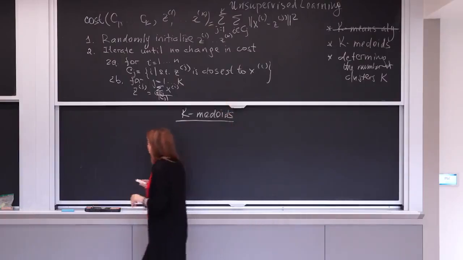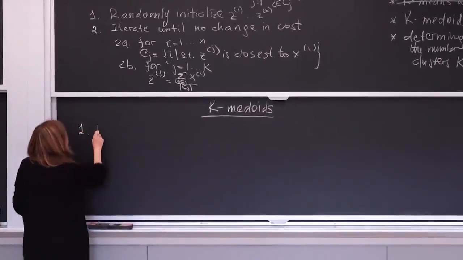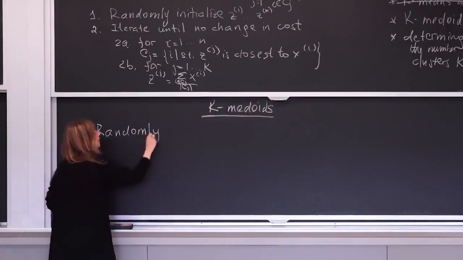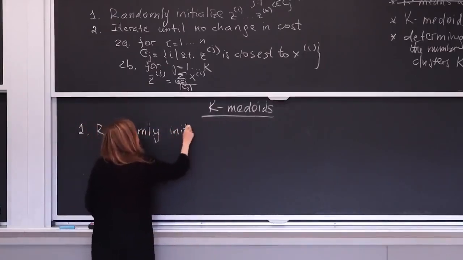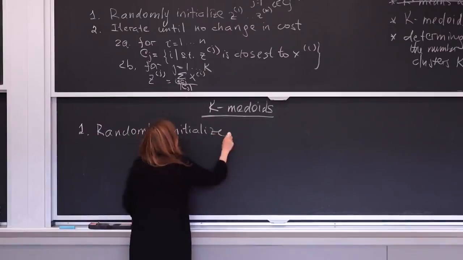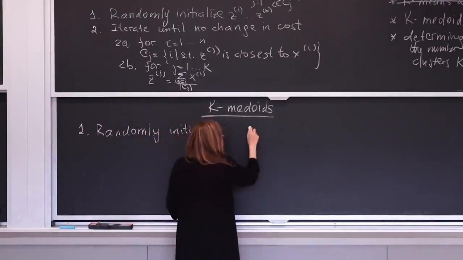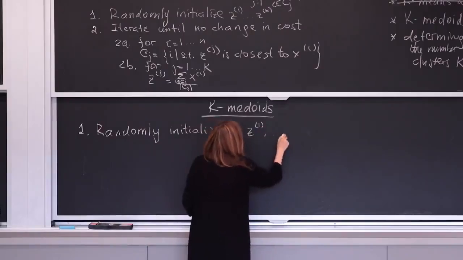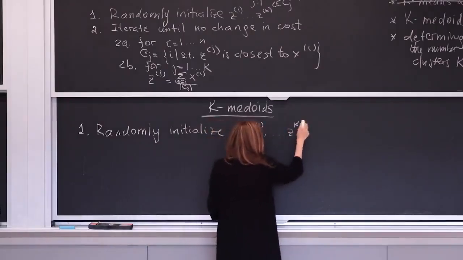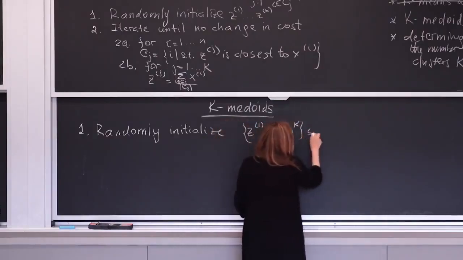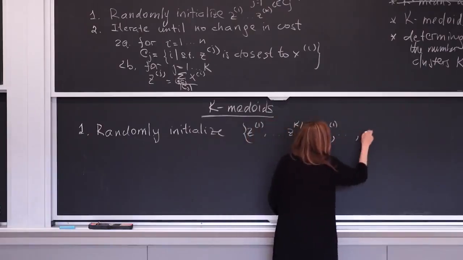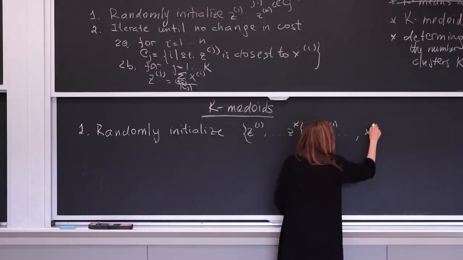So let's write it down. We will say: randomly initialize, and we select Z1 through Zk in a way that they belong to our set, they are part of the set X1 through Xn.